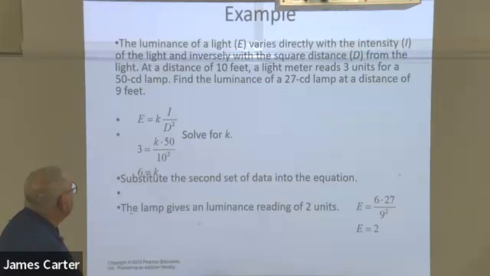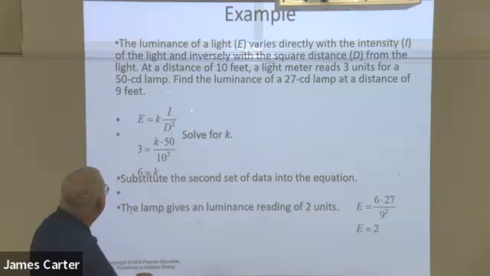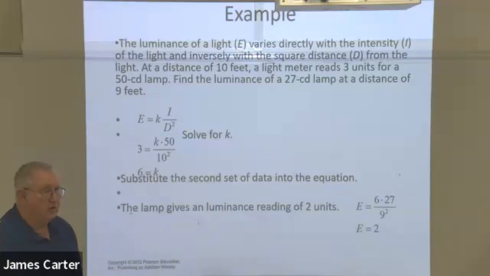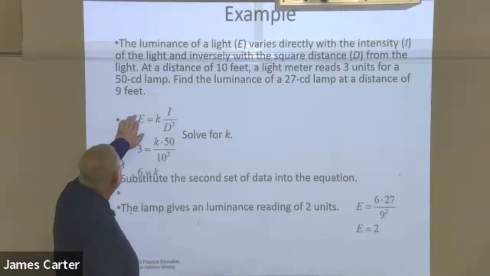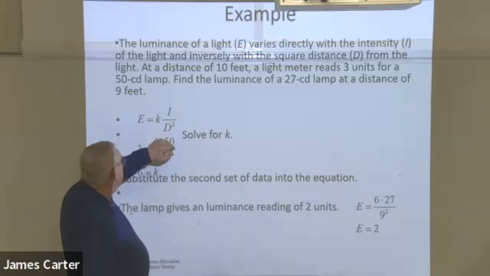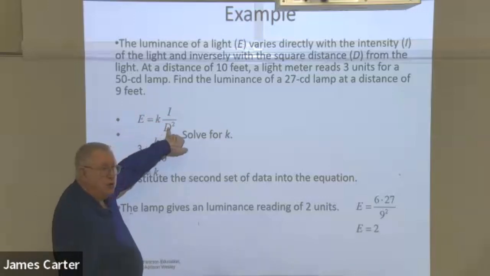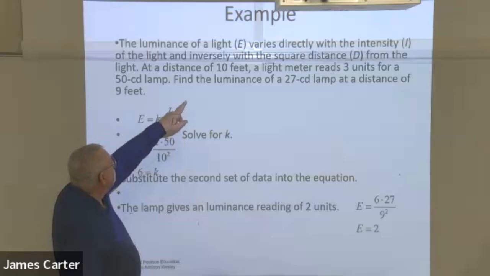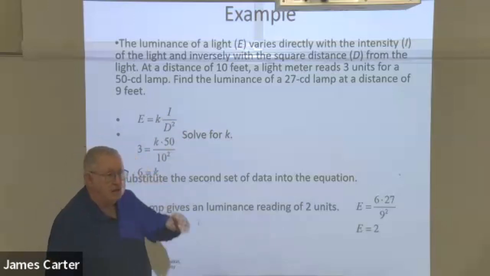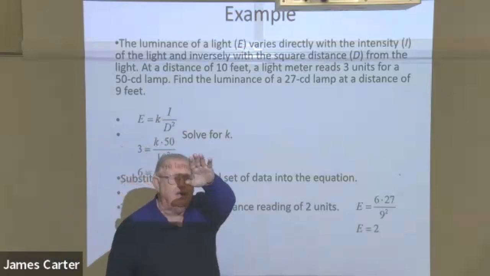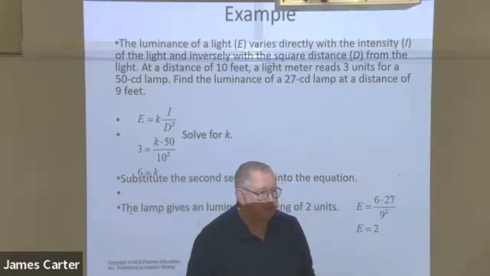This one is actually very similar to the sound one. Remember how loud it was depended on how close you were. Well, in this case, it is how bright the light is. Right now, if I look at that projector, I see purple spots in my eyes, and I'm about 10 feet from it.